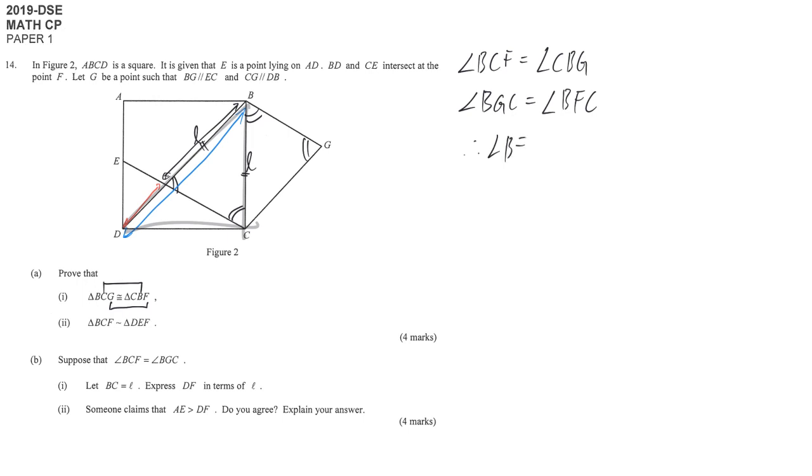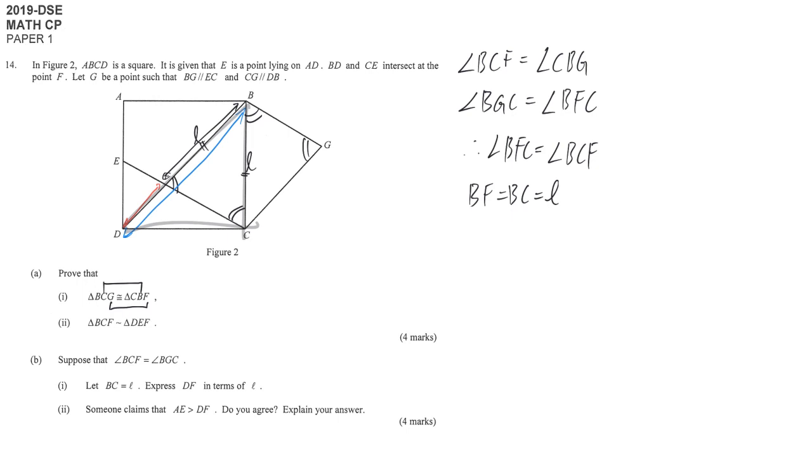Angle BFC is equal to angle BCF. Again, don't write down any reason. The reason for these two is corresponding angles, congruent triangle. This one also. And then we can make a conclusion that BF is equal to BC equal to L. The reason is sides opposite equal angles.